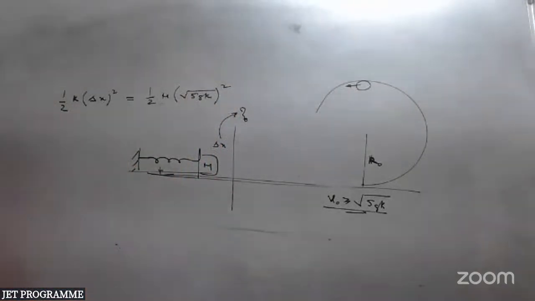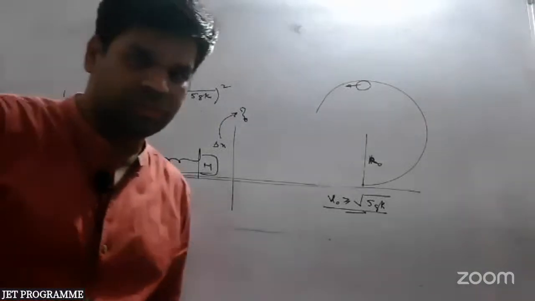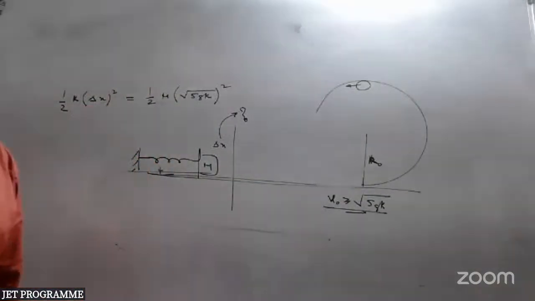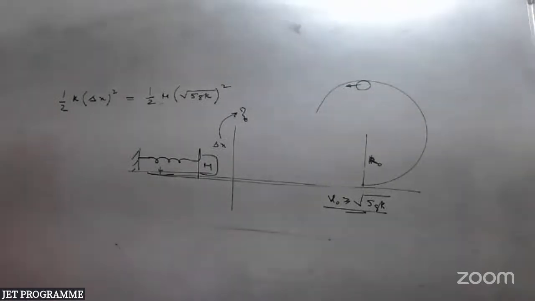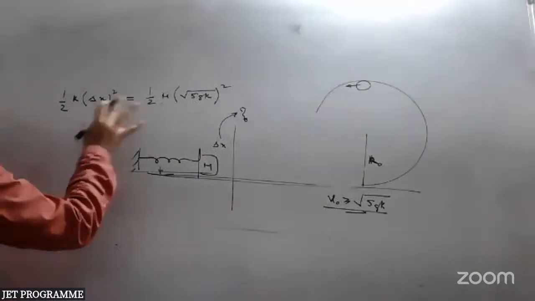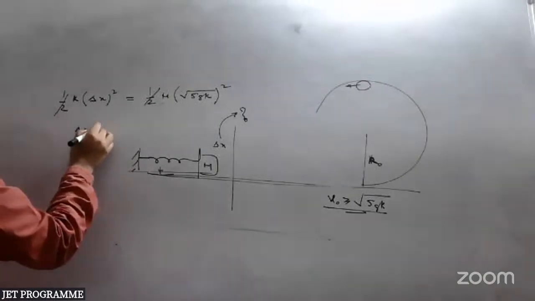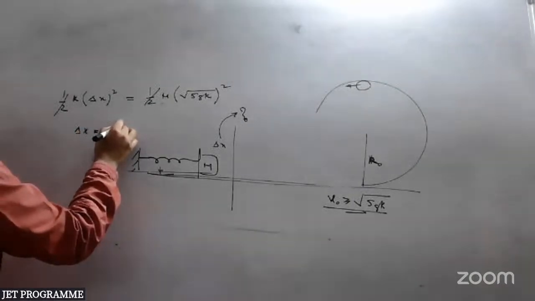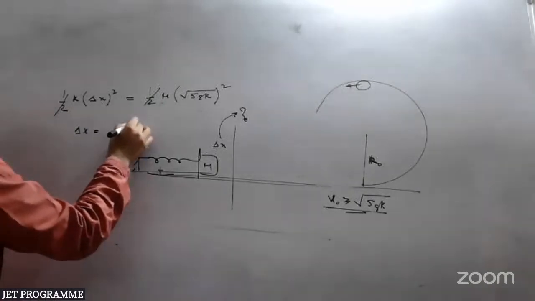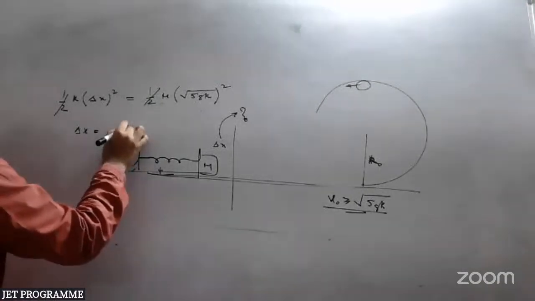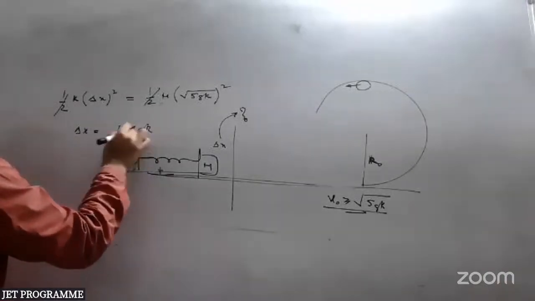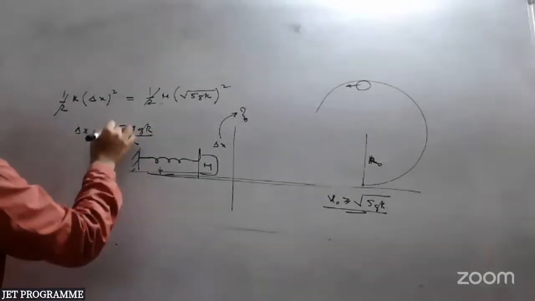Do you all agree with this? Yes, sir. All right. So from here you'll get delta x. Half gets cancelled out. So delta x is equal to root of 5 mgr by k.